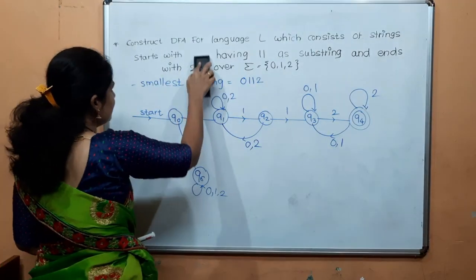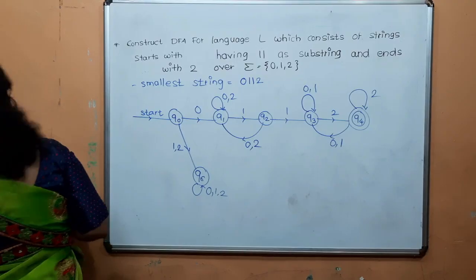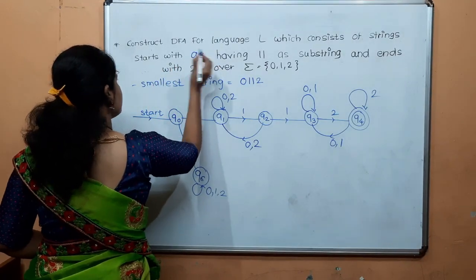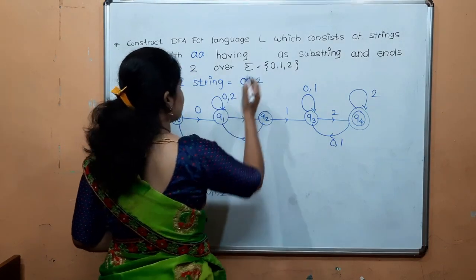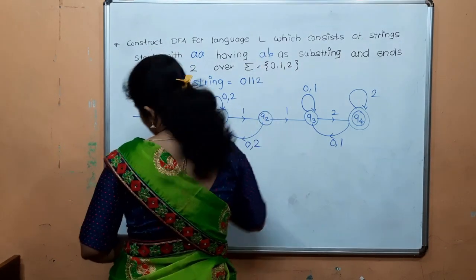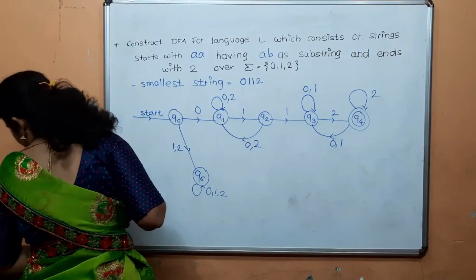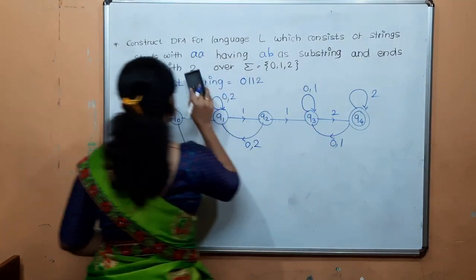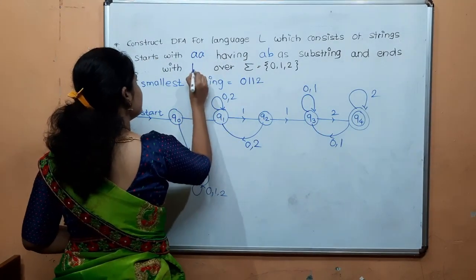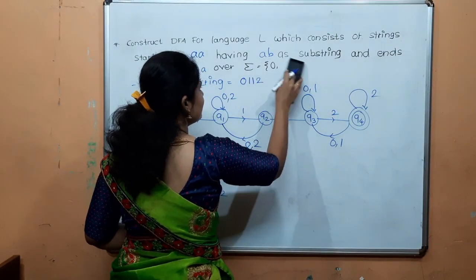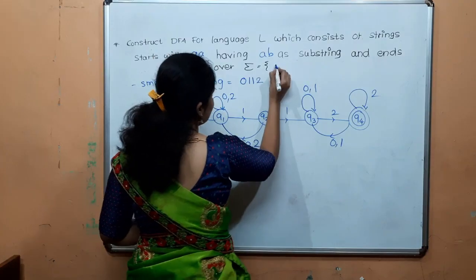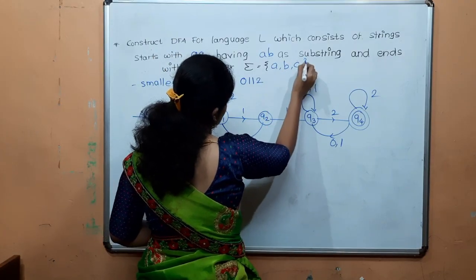Here, the string starts with AA, has AB as a substring, and ends with BA, over the alphabet A, B, C.